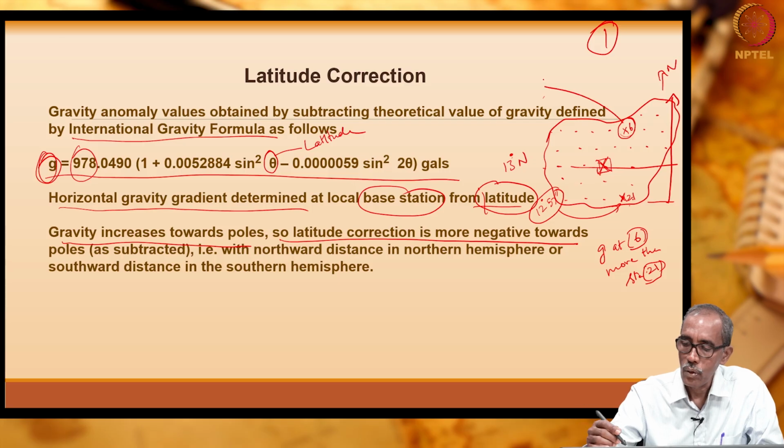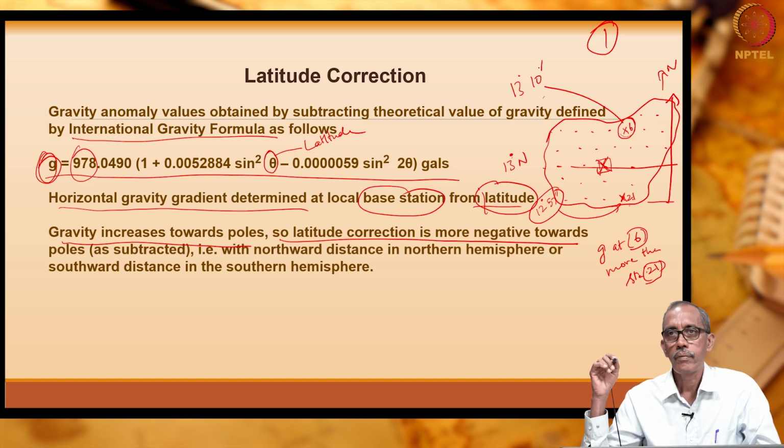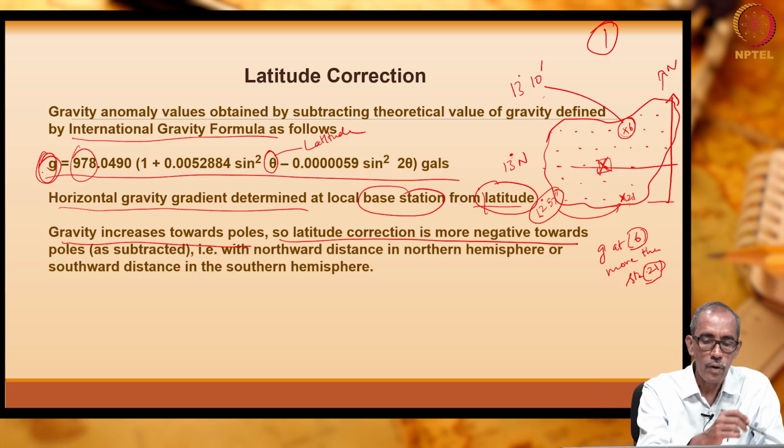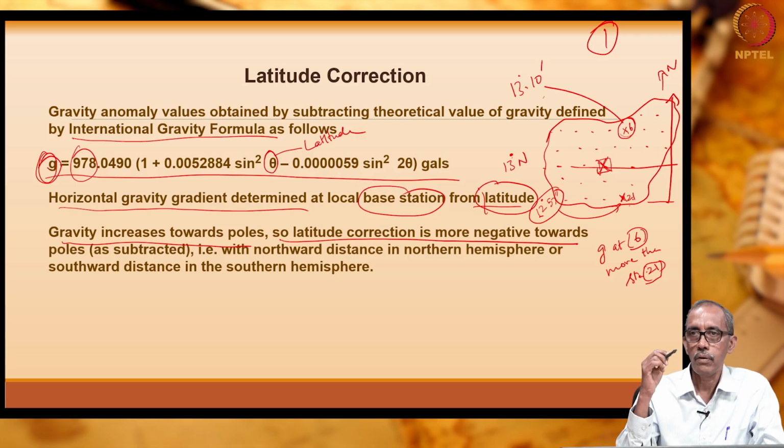Latitude of location number 6 is 13 degrees 10 minutes, 0 seconds. What we will do? We will substitute this value to the gravity formula. We will have two g values.